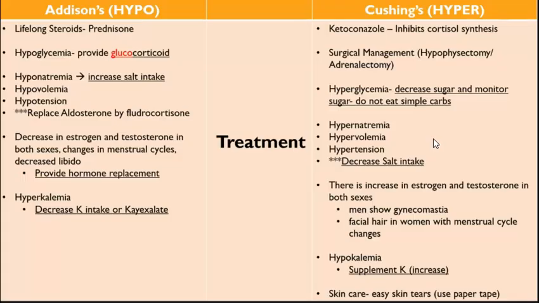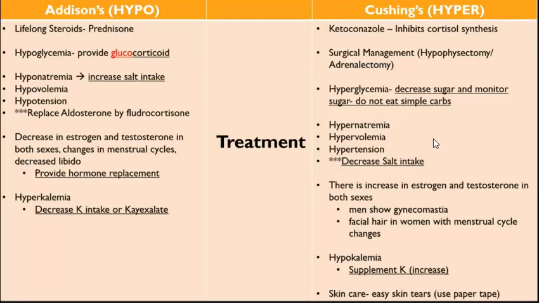Their fluid status, we don't want to hold fluids, but if they're looking real puffy, we might put them on restriction. Hypertension, make sure that they are on antihypertensives because we don't want to cause any damage to those vessels. Decrease salt intake ultimately is the goal.